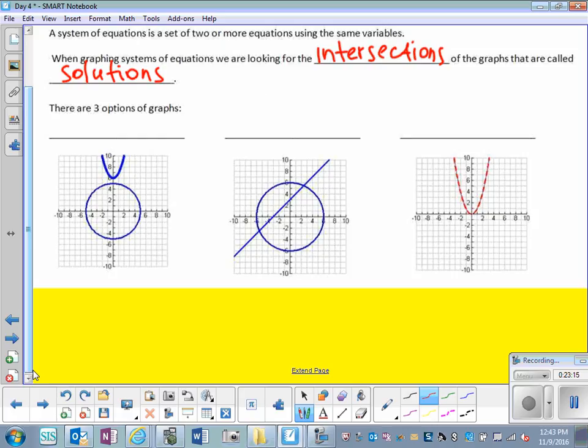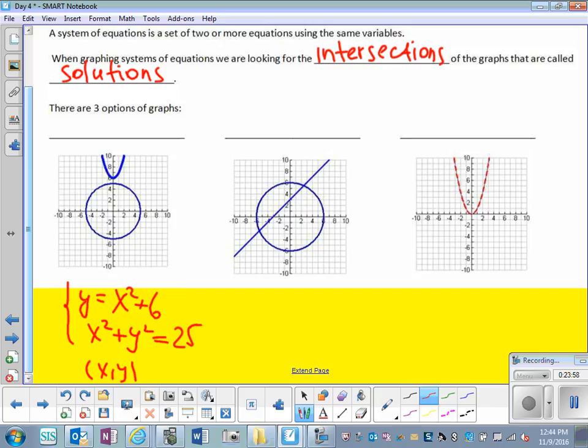Sometimes we will have 2 graphs and they do not intersect at all. So how many solutions will this system of equations have? None. Here I have a parabola, something like y equals x squared plus 6, and then I have this circle, which is x squared plus y squared equals 525. So here is the system of 2 equations. I graphed each of these, and this is exactly how they look. How many pairs of x, y satisfy both of these equations?